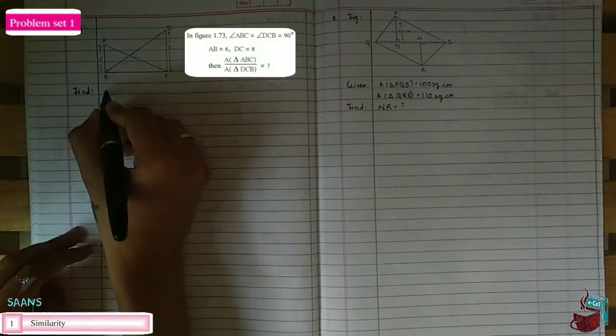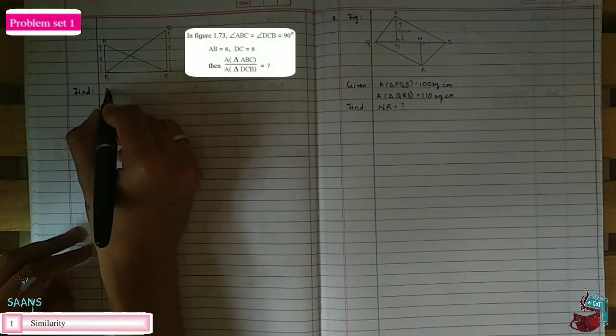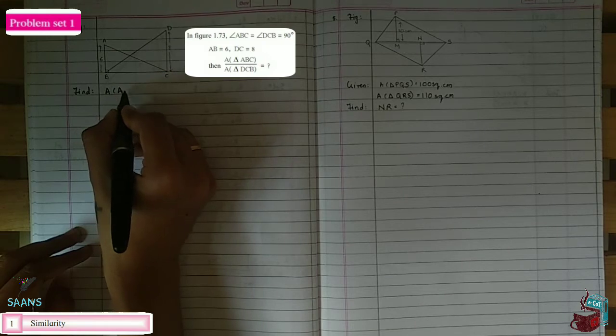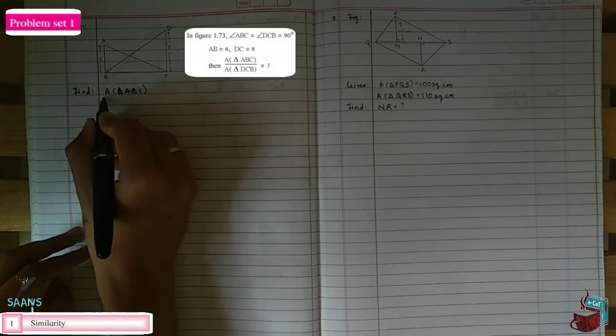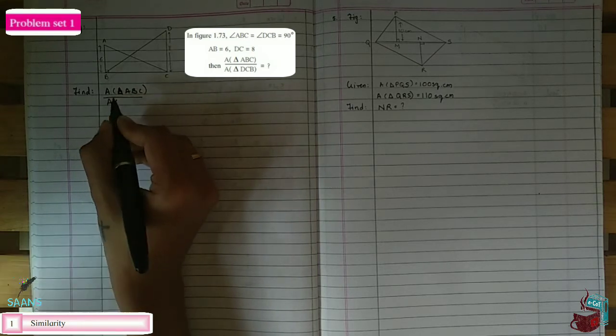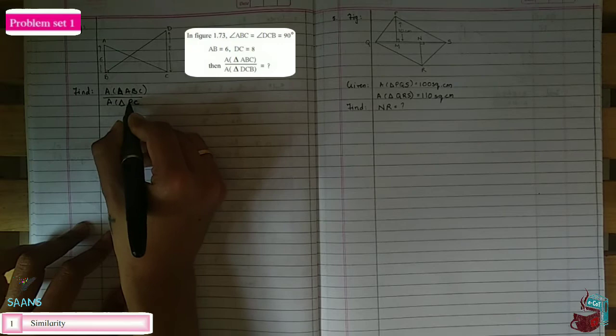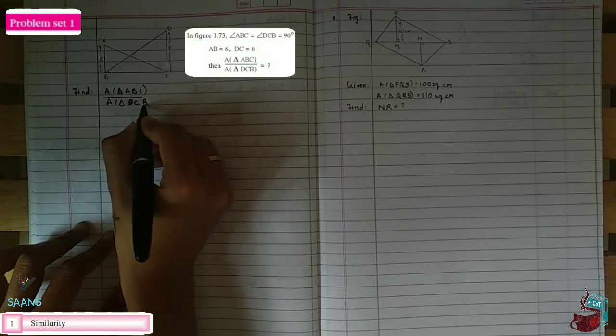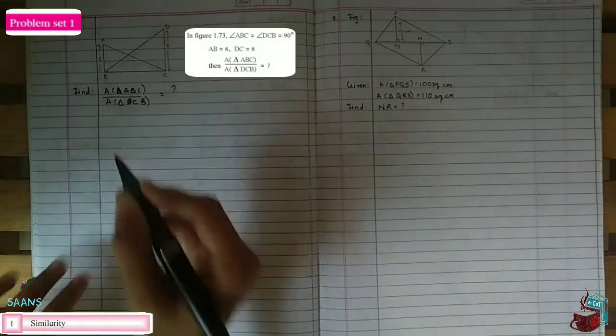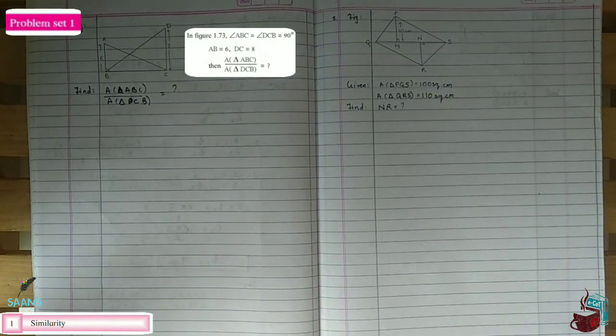Okay, so let's find ratio of triangle ABC to the ratio of triangle DCB. Please avoid doing such no writing like me.